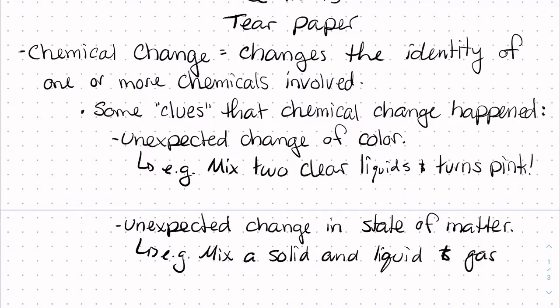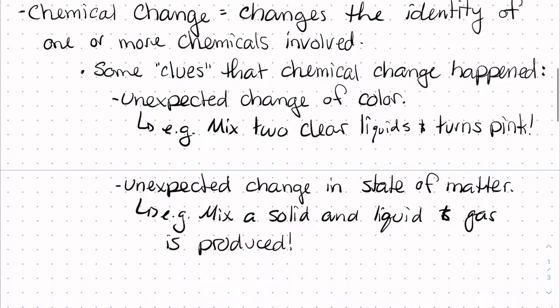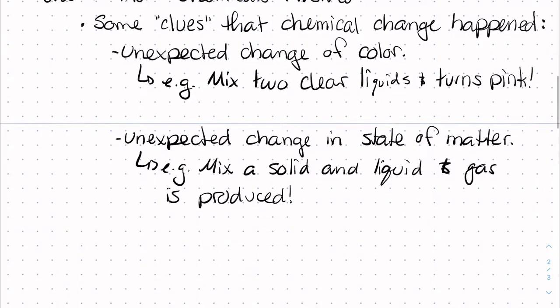You start seeing a gas being produced. Typically we wouldn't expect a liquid to turn to a gas unless we heated it up, but if we do this all at room temperature and we mix a solid with a liquid, sometimes gas production starts depending on what's going on. So unexpected change of matter. Sometimes you'll also mix two liquids and get a solid all of a sudden. Unexpected change in state is another one that we're going to see a lot of.